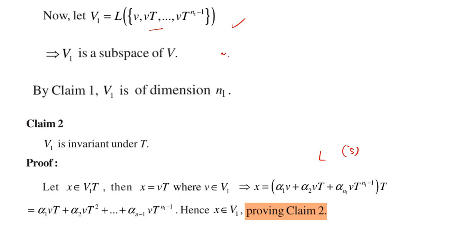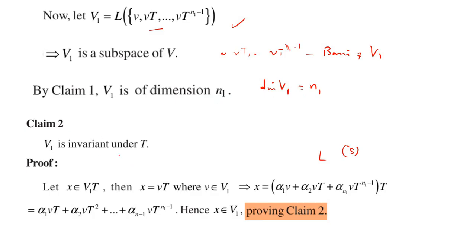So the vectors v, vT and so on up to vT^(n1 minus 1) form a basis of V1, and they are n1 in number, and therefore the dimension of V1 is n1. That is what is written here.